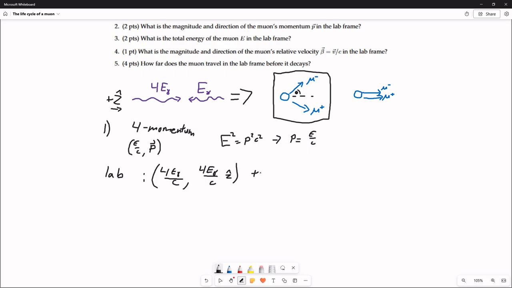And then we have our other gamma ray, which is going to be negative E gamma over c in the z hat direction, or E gamma over c in the negative z hat direction. So our total four-momentum in the lab frame is going to be 5 E gamma over c, 3 E gamma over c in the z hat direction.